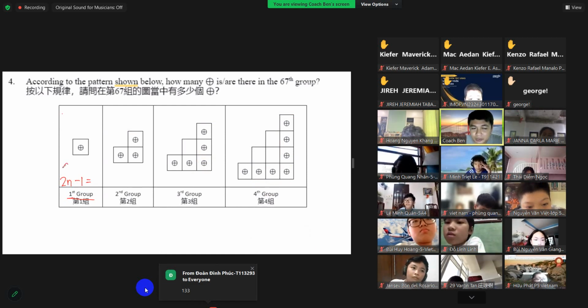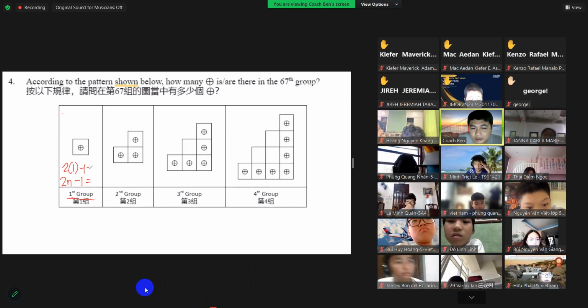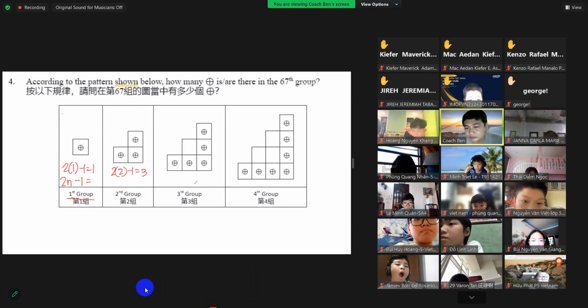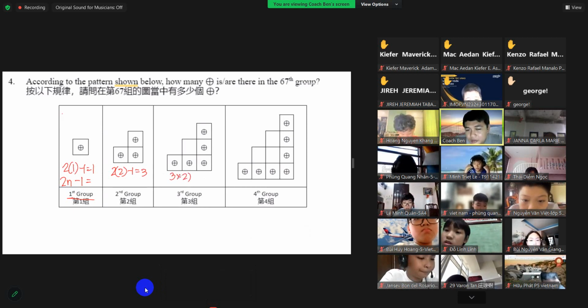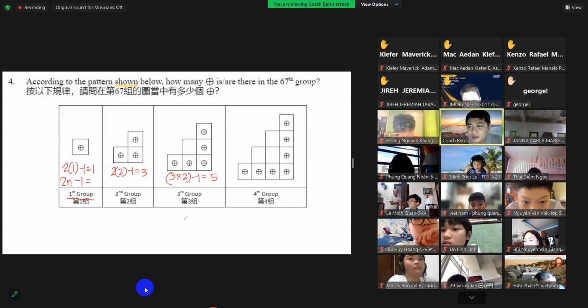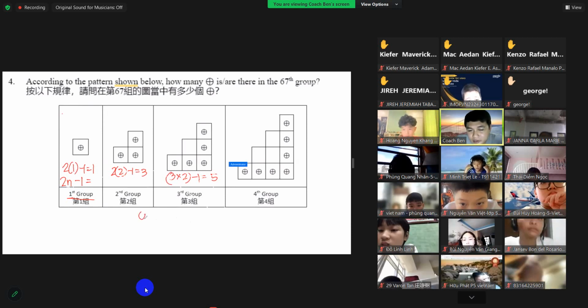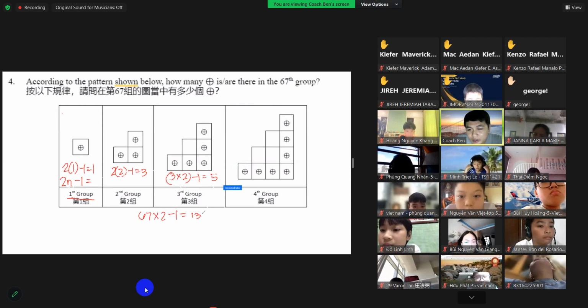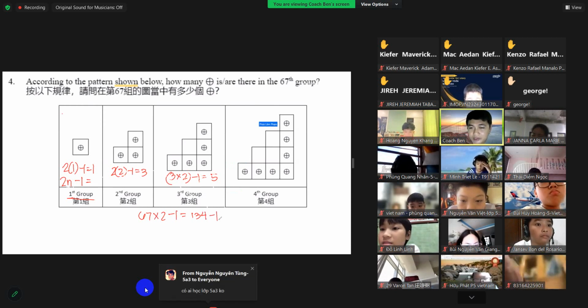So for the first group, that's 2 times 1 minus 1, or 1. For the second group, that's 2 times 2 minus 1, equal to 3. For the third group, that's 3 times 2 minus 1, and that is 5. So for the last one, 67 times 2 minus 1 is equal to 134 minus 1.